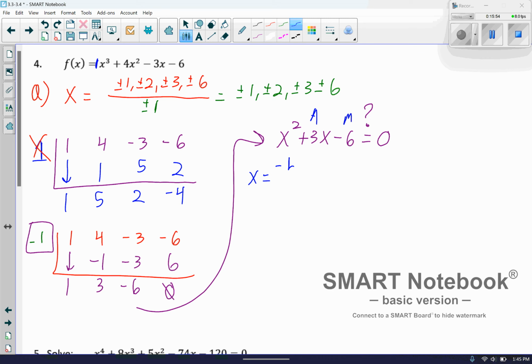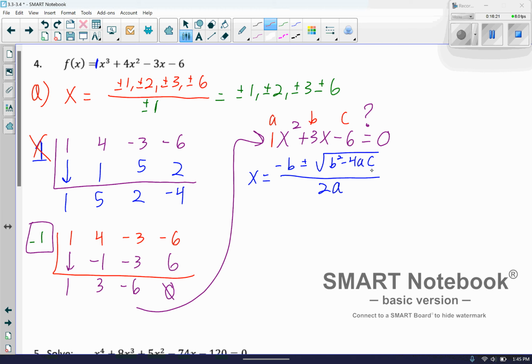So the formula is negative b plus or minus the square root of b squared minus 4ac, all divided by 2a. Okay, so what we're going to do here is, this will be my A. I'm going to erase the M and N part, our M and A part. So this is my A, B, and C value.